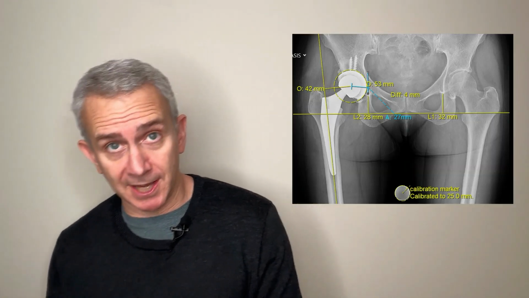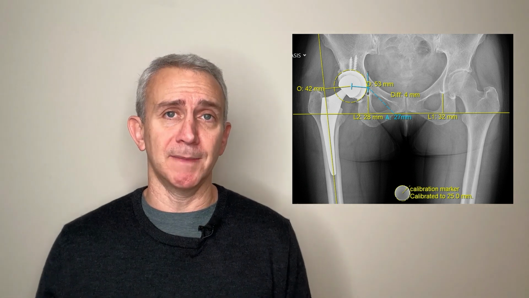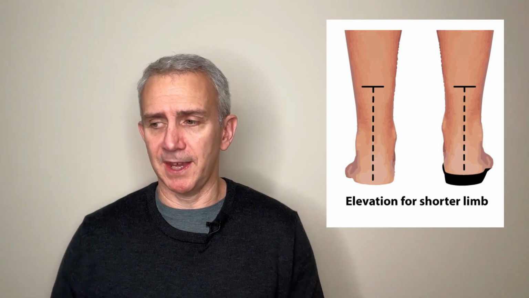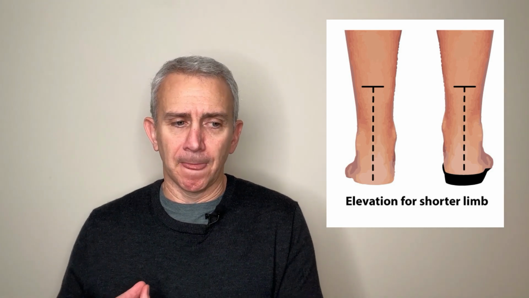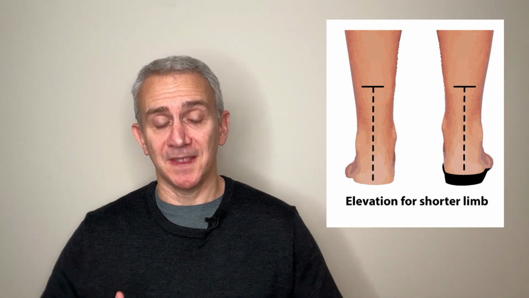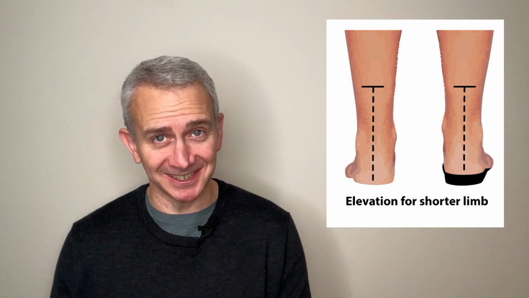And as long as there's no reason to suspect that the leg length discrepancy is new, for example, in somebody who just had a hip replacement and now all of a sudden there's a leg length discrepancy, that's a different situation. If it's more of a chronic problem and we're just noticing that there seems to be this discrepancy, if we go in and start addressing that too aggressively with a heel lift or some other kind of lift, the problem is that we're taking a biomechanical situation that the person has become accustomed to over the course of 10, 20, 30, 40, 50 or longer years.